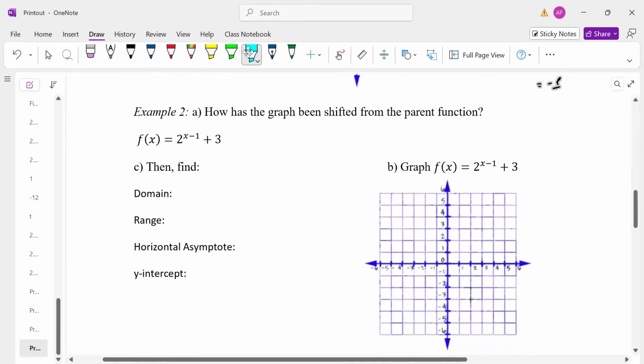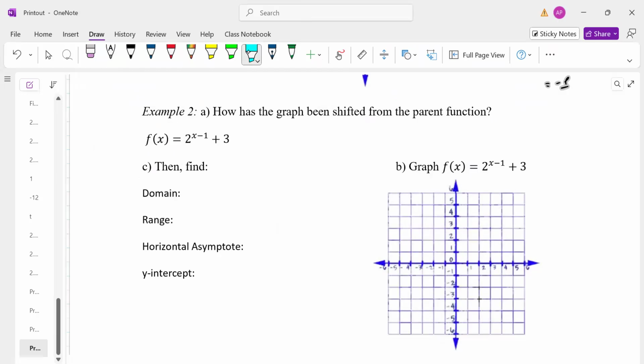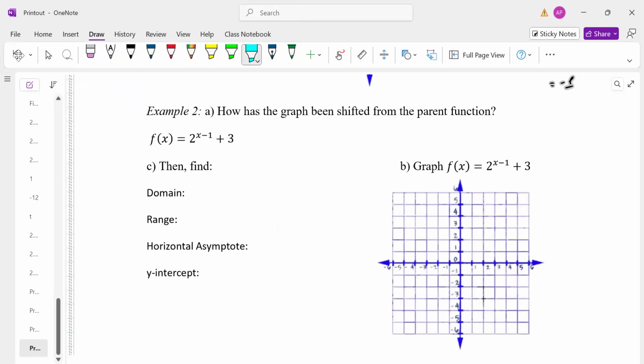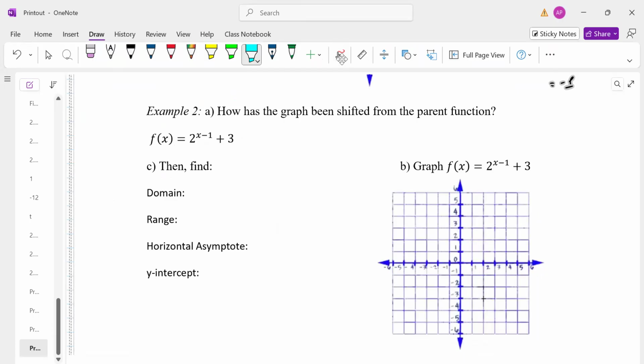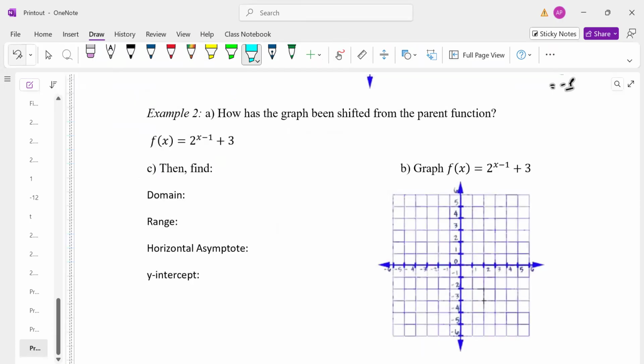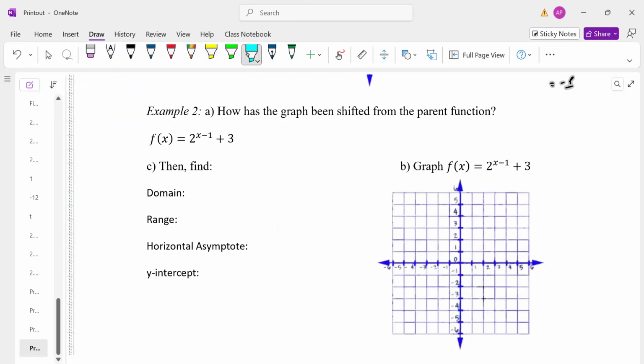So we have -1 in the power. Sorry about that. -1 in the power. So remember that anything that's inside of the function, that's our shift left and right, and it follows the opposite sign.